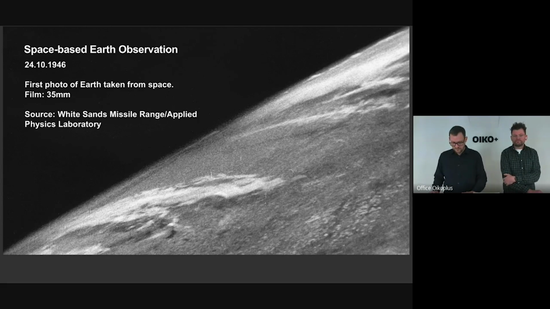And that was again quite a disruptive moment, not just because of the image itself, but particularly because it made people aware that we could now systematically observe the Earth from above, free from any sort of constraints. Let it be weather, let it be terrain, let it be also geopolitics that had shaped the continents for the preceding years.